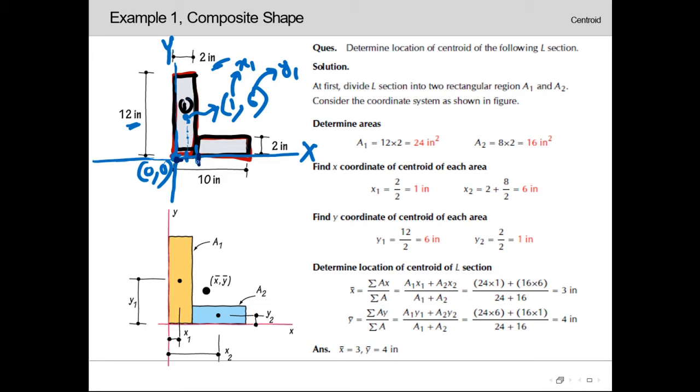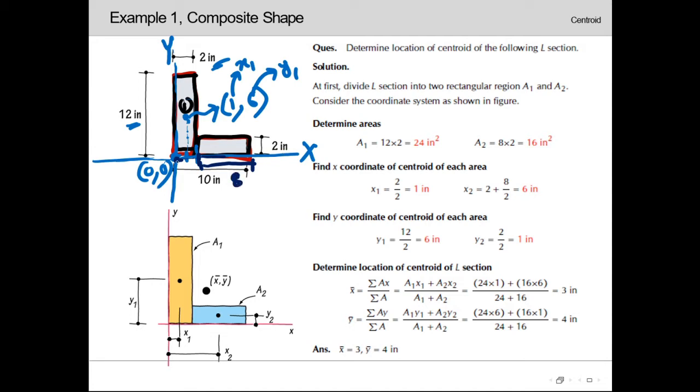In order to move to the centroid, we need to move along the x-axis about half of 8, as the width of this segment 2 is 8 and the height is 2 inch.